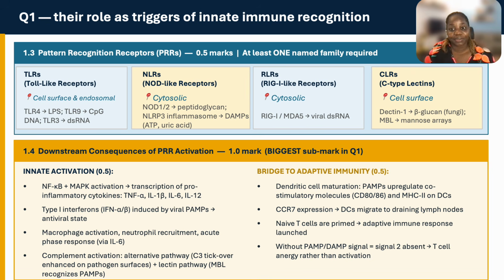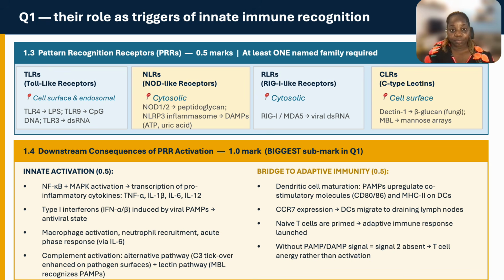I think we explained it clearly in class. So you need signal 1 from the antigen-MHC complex, and signal 2 from co-stimulatory molecules like CD80 or CD86. So pattern recognition receptor activation by PAMPs will upregulate these co-stimulatory molecules on dendritic cells.